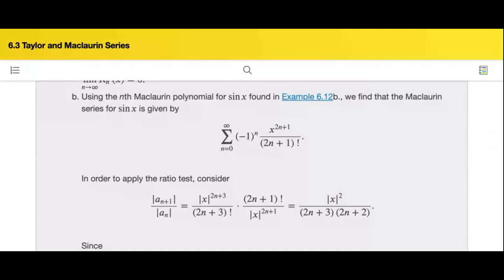That's the nth term of the sine x representation as a Maclaurin series, because the center is 0. We don't see (x minus a) raised to 2n plus 1; we see x itself, which means x minus 0, so the center is at 0.